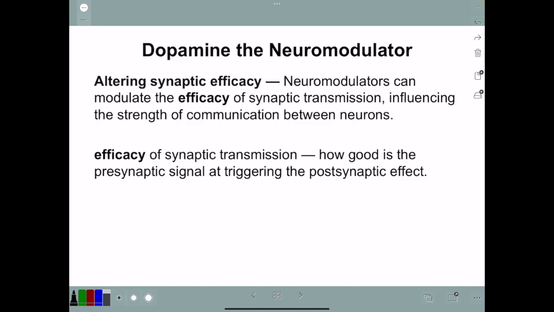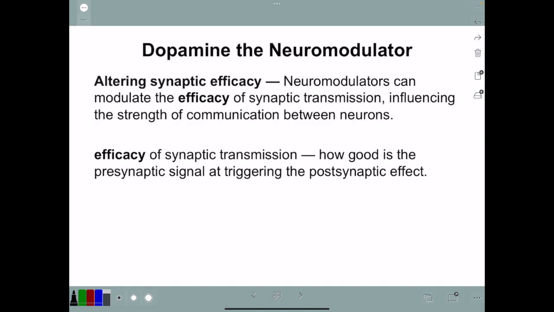So in the previous case, neurotransmitters affected how action potentials were propagated, making them more sensitive or less sensitive. In this example, we're going to see that a neurotransmitter has the ability to change the way a neuron responds to information from other neurons. Right?